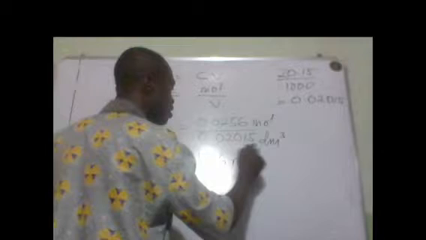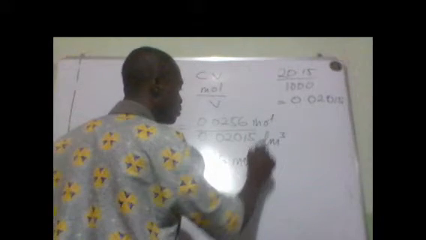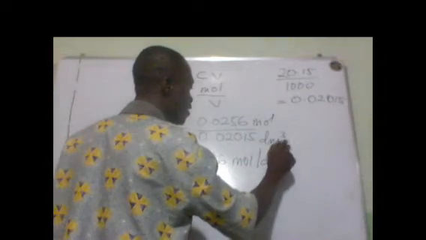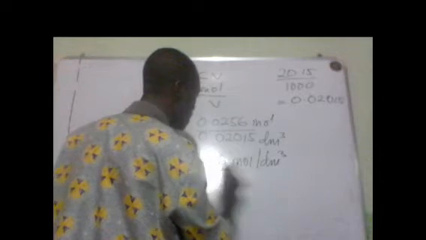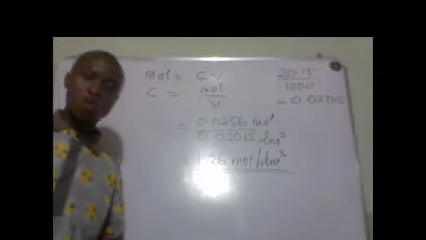That is your answer, in mole per dm cube. That is how you obtain the concentration of the acid in mole per dm cube.